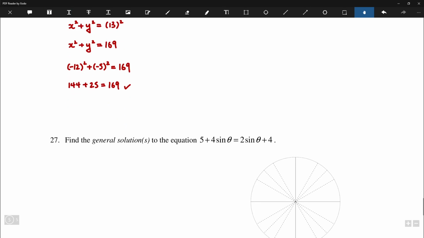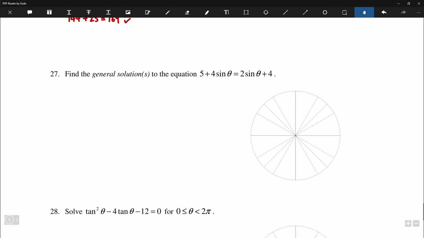All right, so let's look at number 27. Similar to the questions that we've seen before, again, another equation. However, this one has a few additional steps. So first thing we're going to do here is to subtract 2 sine theta from both sides.